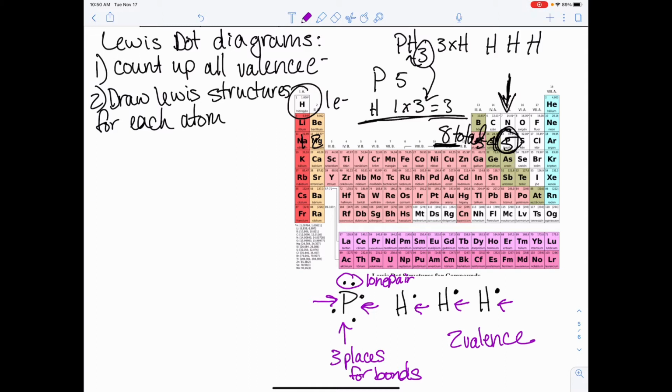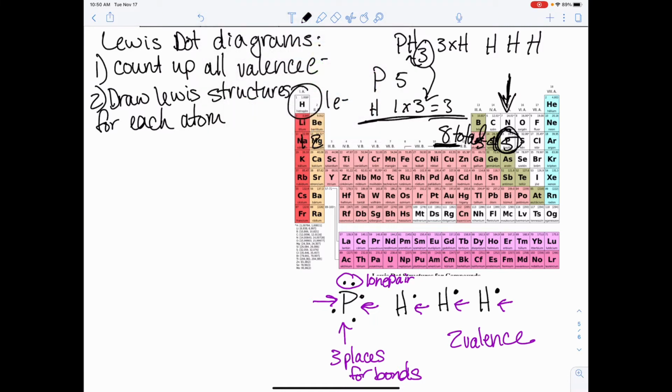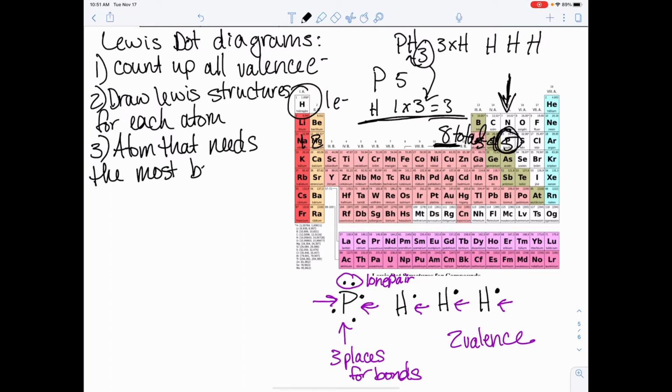And if you look at this, the next step to draw your Lewis dot diagram is to put the atom that needs the most bonds in the center.